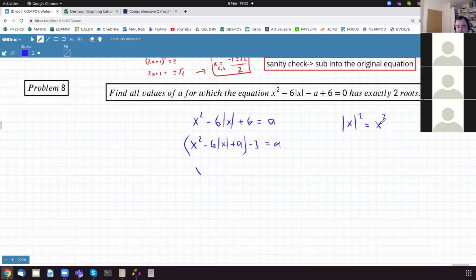Because of this, I can write modulus x squared minus 6 modulus x, you'll see why I'm doing this, plus 9 minus 3 equals a. And here it's going to be modulus x minus 3 squared, and minus 3 equals a.